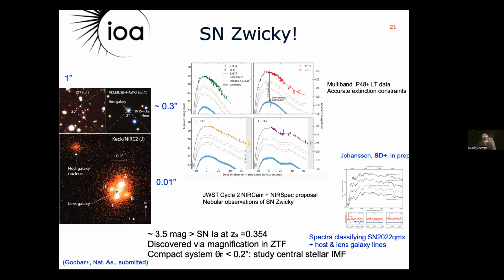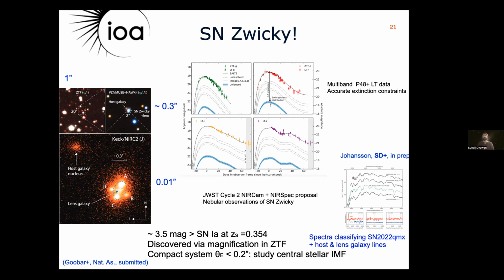So we can really see supernovae with a look-back time of 4 billion years with the same level of precision that we would see local Type Ia supernovae, and that's thanks to the 3.5 magnitudes of magnification. So there's the use of the gravitational telescope idea from Zwicky, that is, to study the high redshift sources a lot better because of the boost that we get from the lensing magnification.